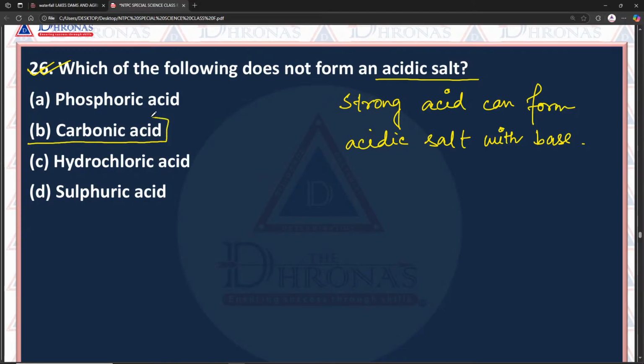All these four are mineral acids, but carbonic acid is a weak mineral acid. That's the exception, which is why it cannot form an acidic salt. The formula of carbonic acid is H2CO3.